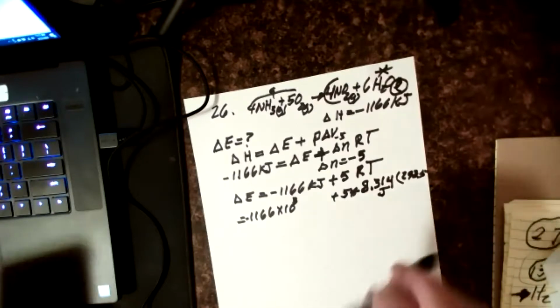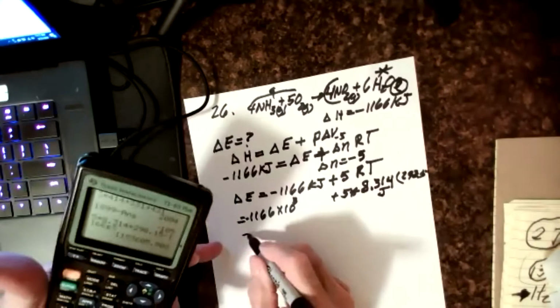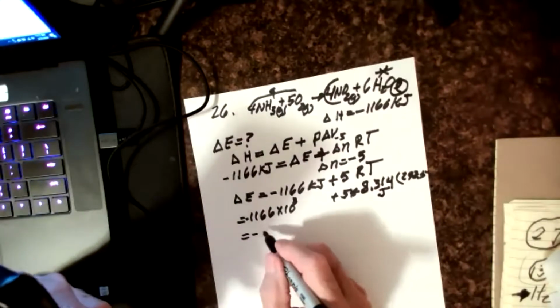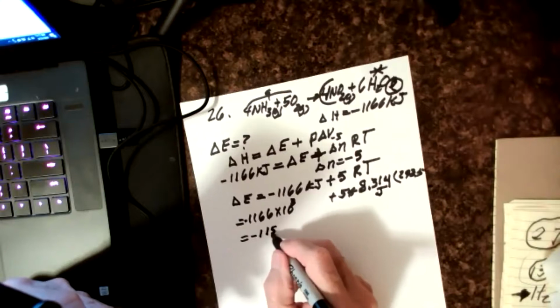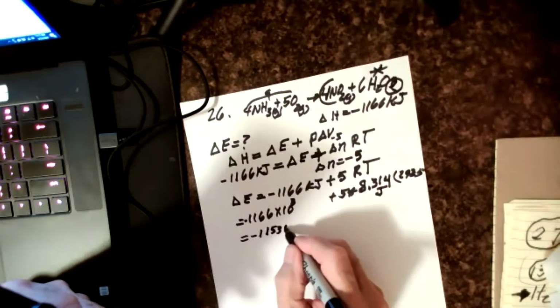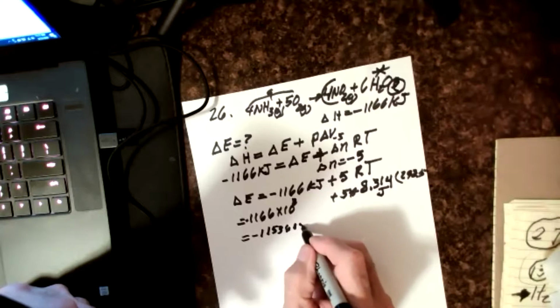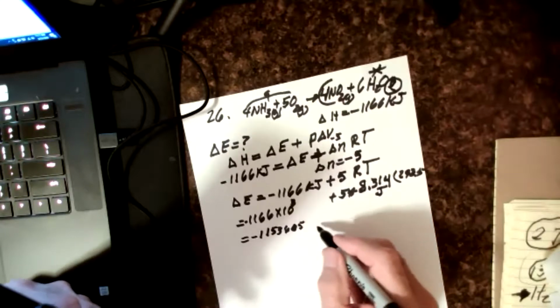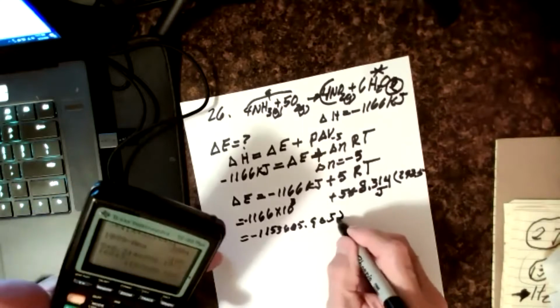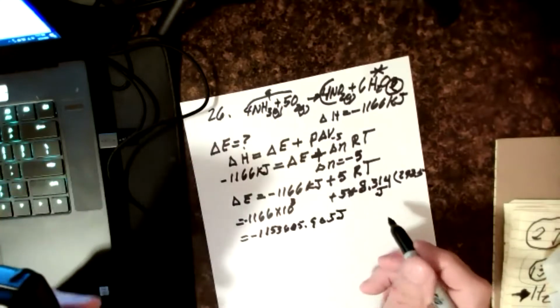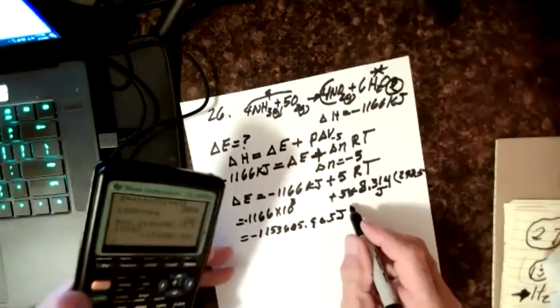Now, if I didn't screw things up terribly, I get minus 1,153,605.905 joules.